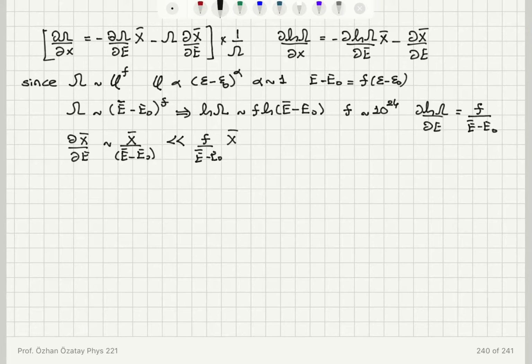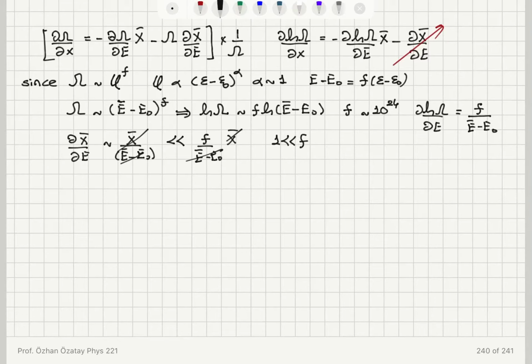You can see that because x bars will cancel, E bar minus E0 cancel, f is much greater than 1. So basically we find that this term is negligible. ∂x bar/∂E is negligible.